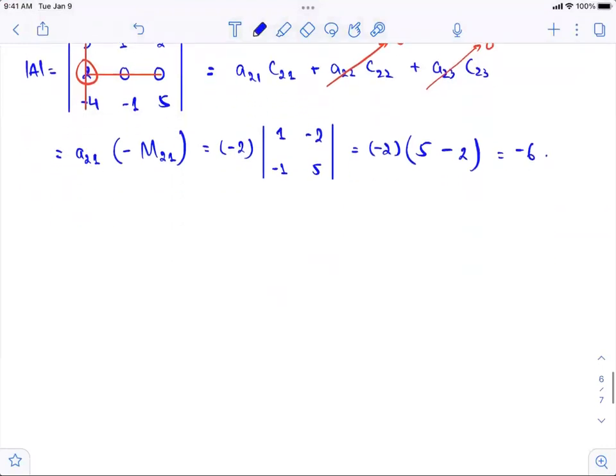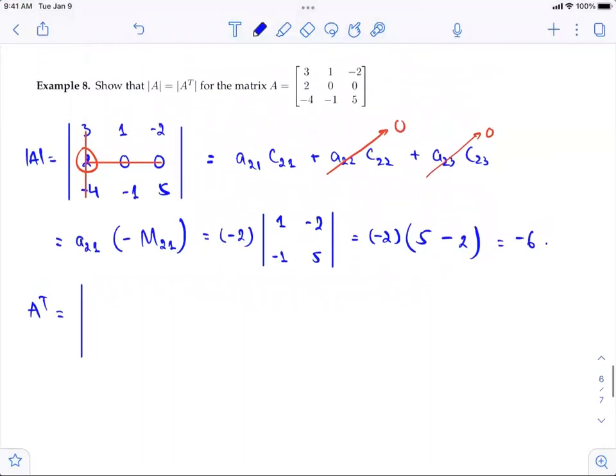Now you're going to find A transpose. For the transpose, rows become columns and columns become rows. So A transpose is 3, 1, -2; 2, 0, 0; -4, -1, 5.